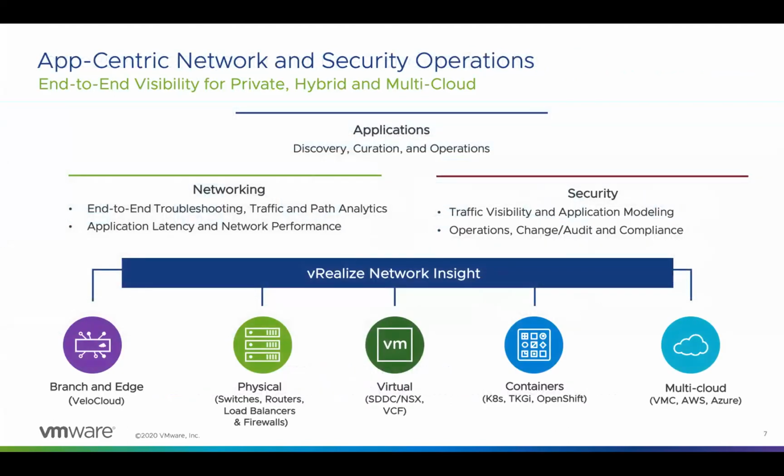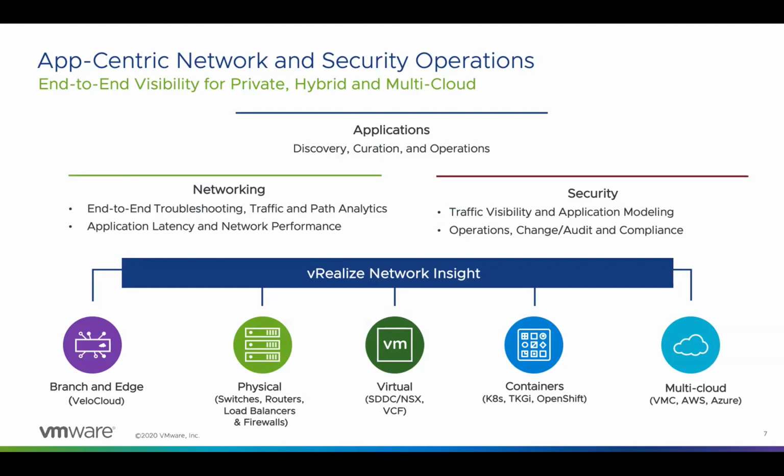So how we do that is we've got all of these different components. We've got the SD-WAN on the left. We've got physical networking, switches, routers, load balancers, firewalls, all of those things. Then we've got the virtual domain, the VMware Cloud Foundation, the SDDC, NSX, vSphere, those things.